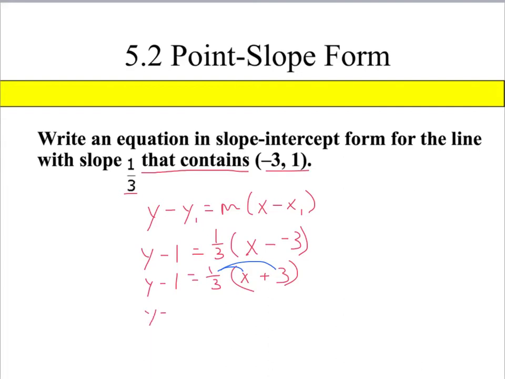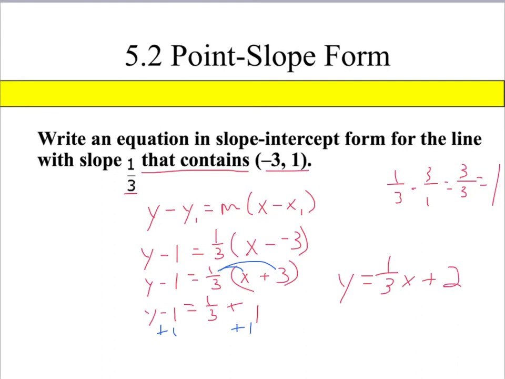Okay, so I have y minus 1 is equal to 1/3 x plus, well, 1/3 times 3/1 is equal to 3/3, which is equal to 1. So plus 1. All right, add 1 to both sides. And I now have my final equation of y is equal to 1/3 x plus 2.